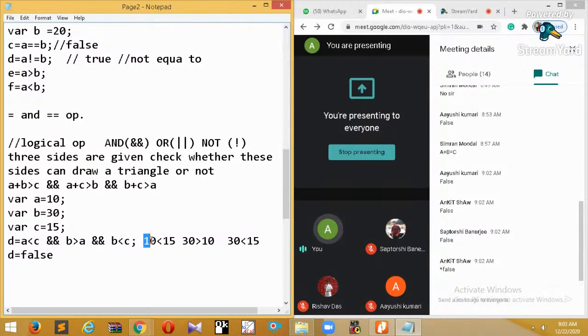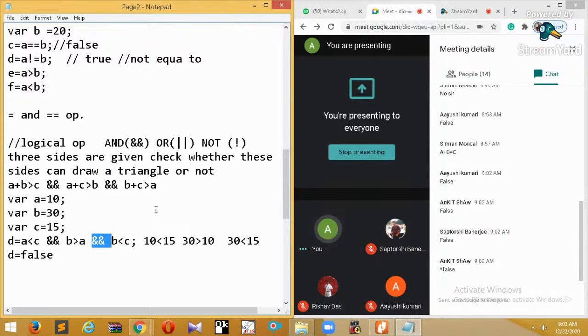So ultimately, since I have used the AND operation, if any of the operations becomes false, the result of the whole operation will become false.